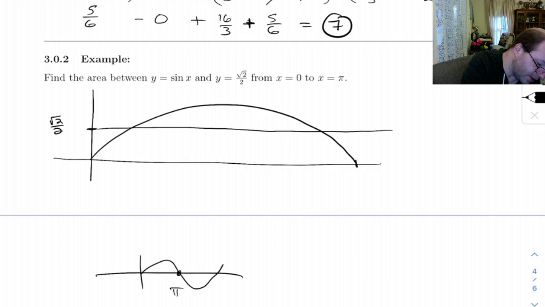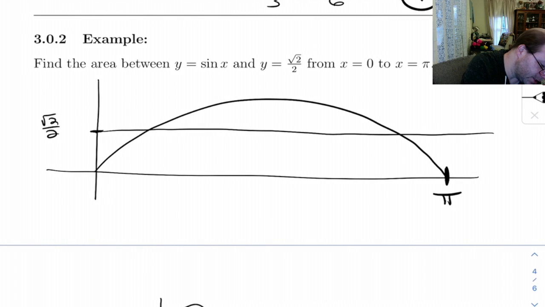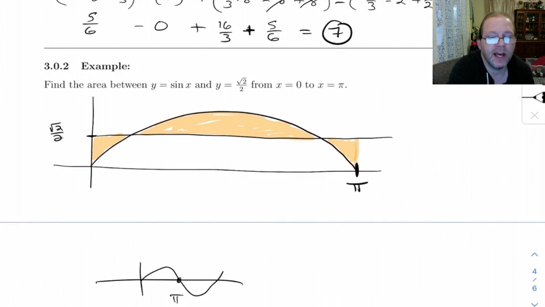And so what we've got is 3 regions. We've got this region here. We've got this region inside of here. And we've got this little region over here. And we're supposed to add all this stuff together.